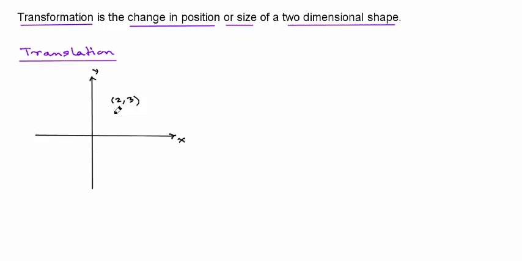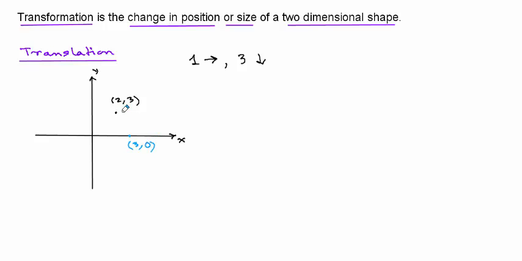When we move this point 1 unit to the right and then 3 units down, the new position of this point is somewhere here, and the new coordinate is given as 2 plus 1, that's 3, comma, 3 units down means 3 minus 3, which is 0.